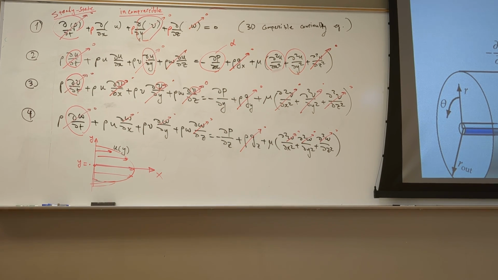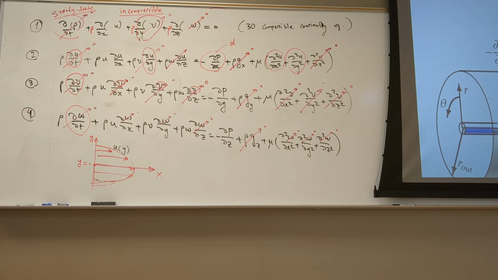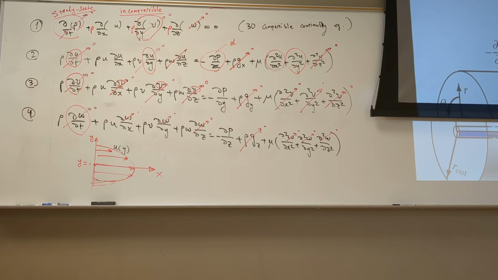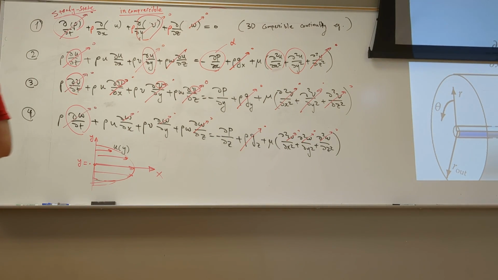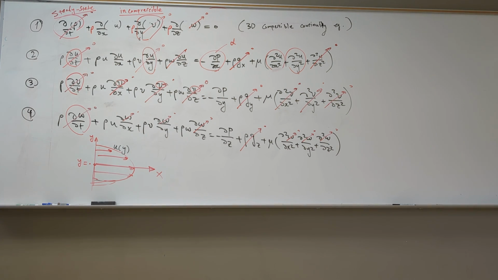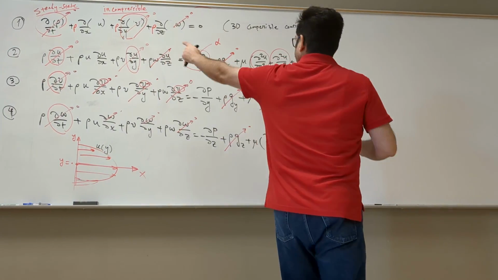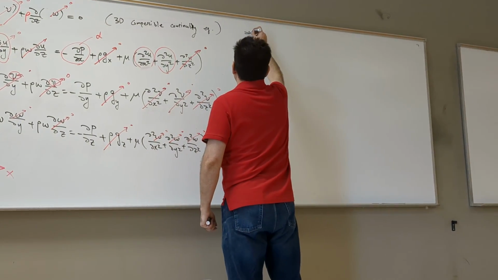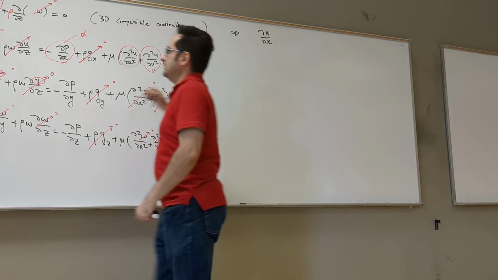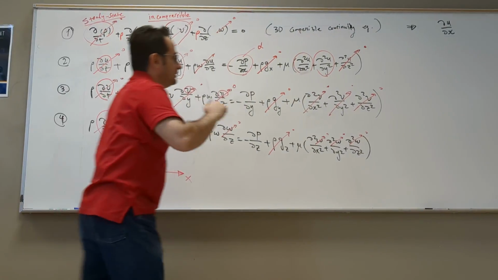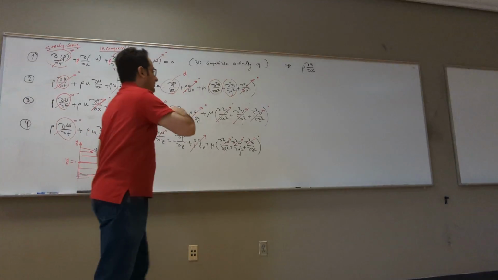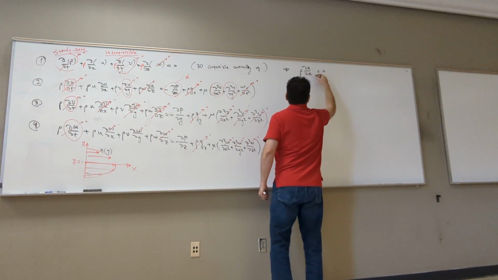So that's what I'm going to write here. The first equation simplifies to this: partial u, partial x, times rho. Everything else is zero except this term. So this is the continuity equation.